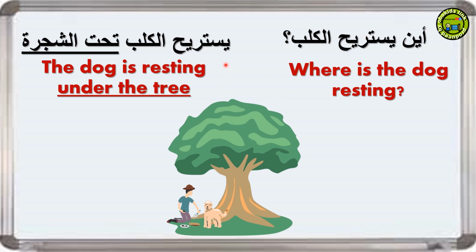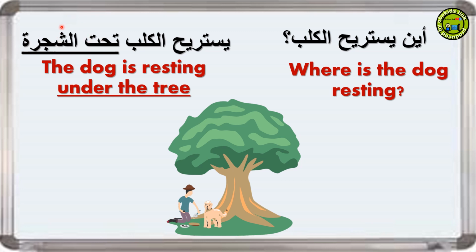Reply to it is يستريح الكلب تحت الشجرة. يستريح is the verb, كلب is the subject, تحت is حرف جر or preposition, and شجرة is اسم مجرور, but at the same time شجرة is the object.